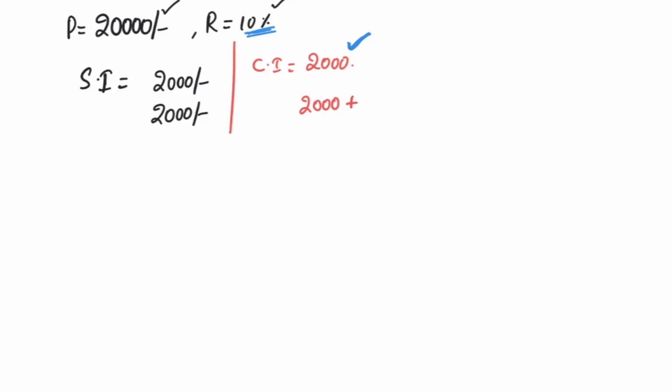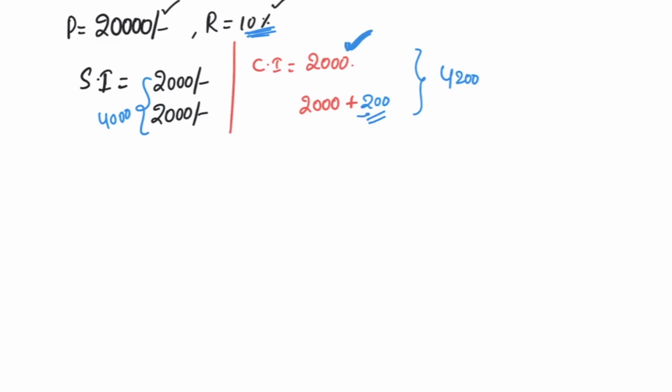On 2,000, 10% is 200 rupees. So compound interest for 2 years is 4,200, whereas simple interest is 4,000. Simple interest is equal throughout the duration, compound interest is increasing. In compound interest, we calculate interest on interest also.